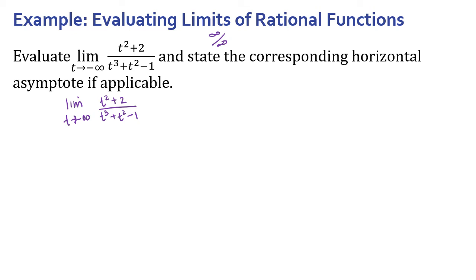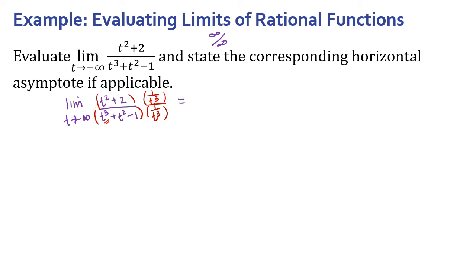So again, what we're going to do is figure out which one of these terms has the highest exponent. Looking here, the highest exponent is 3. So I am going to multiply the top and bottom by 1 over t cubed, which is basically dividing each term by t cubed.